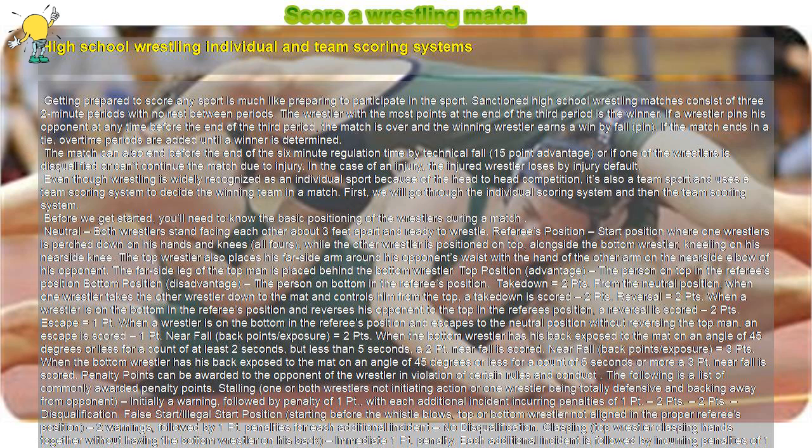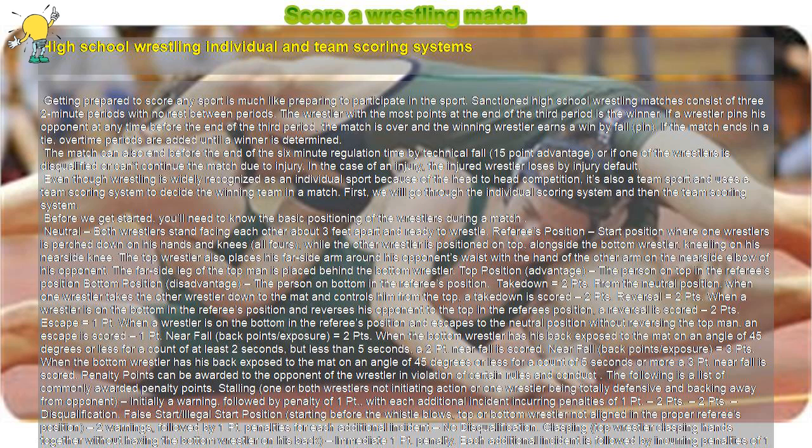When the bottom wrestler has his back exposed to the mat on an angle of 45 degrees or less for a count of at least 2 seconds, but less than 5 seconds, a 2 PT near fall is scored.